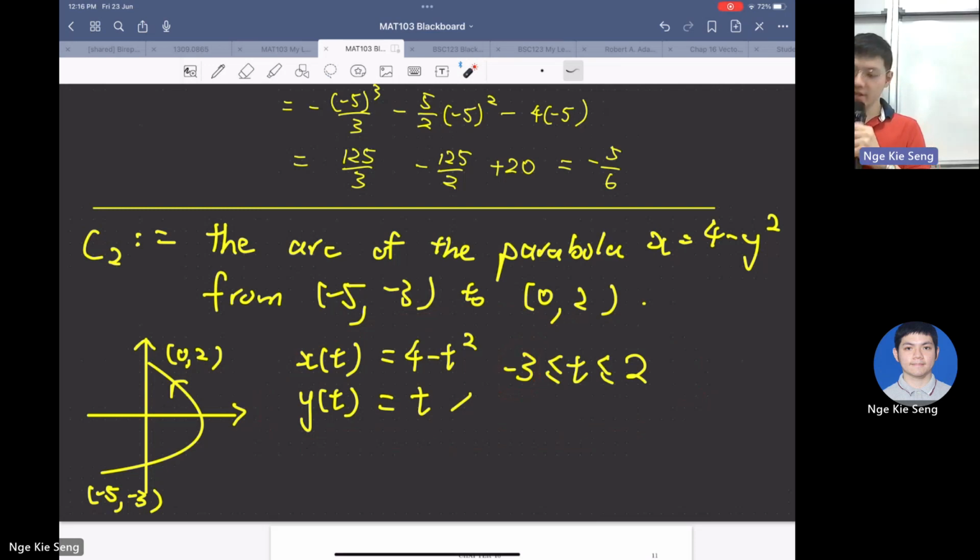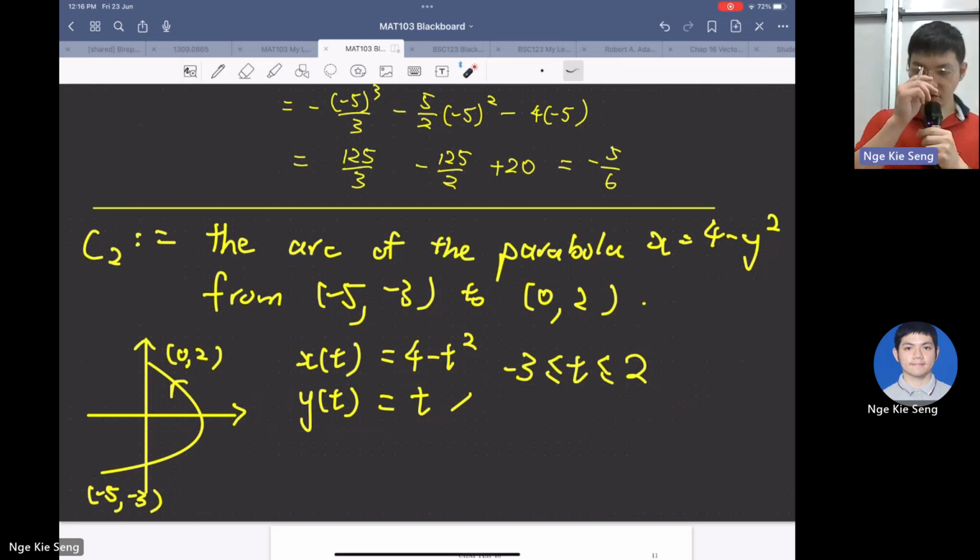When t equals -3, x is 4 minus 9, which is -5, so (-5, -3) is your starting point. Your endpoint is 4 minus 4, which is 0, and y equals 2, so (0, 2). In the middle, it follows the shape of 4 minus t squared.